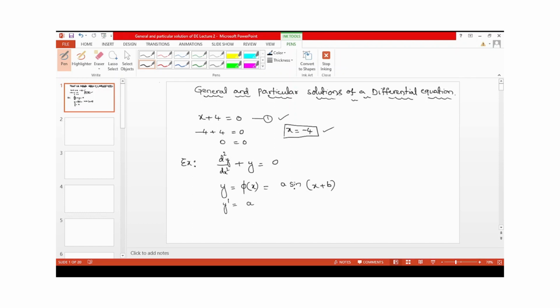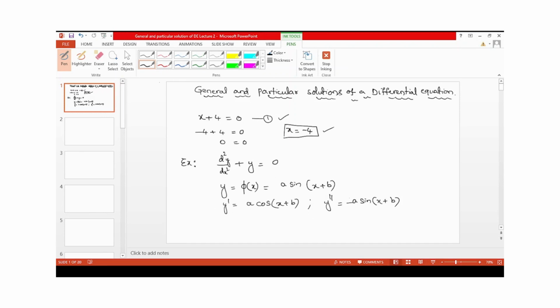So a into sine of x plus b; the derivative of sine is cos of x plus b, and the inner function is x plus b, whose derivative is 1 plus 0, which is 1. So this is y dash. Similarly, what is y double dash here? The a is a constant. The derivative of cos is minus sine of x plus b. Again, the inner function derivative is 1. So here it is just minus a sine of x plus b.